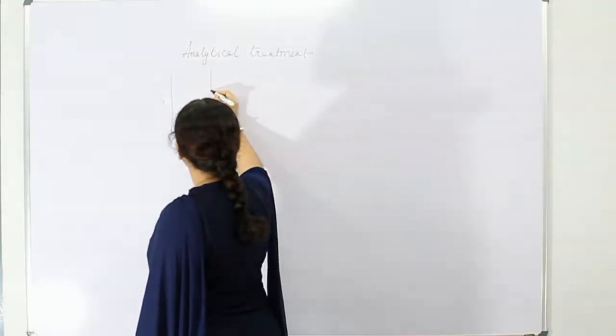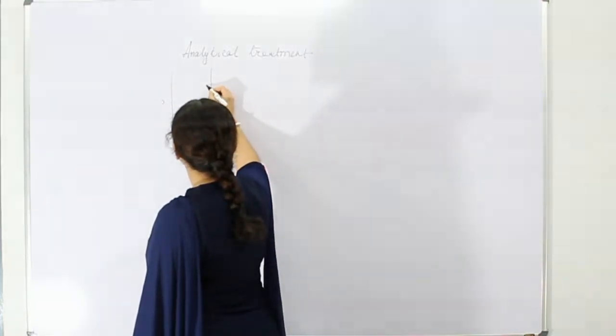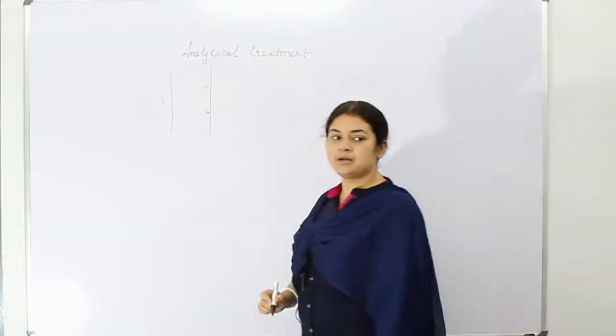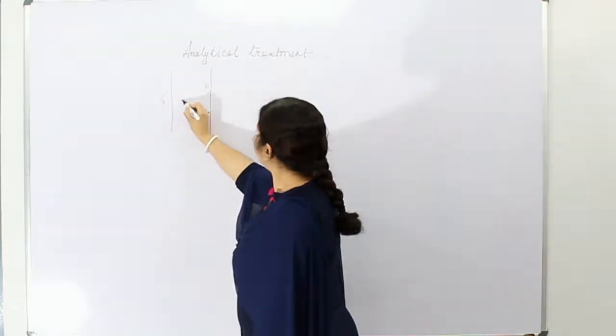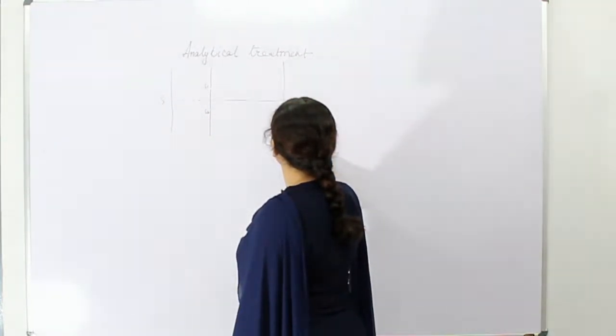They are allowed to fall on a second pinhole with slits S1 and S2, which are acting as virtual coherent sources. This is the screen.